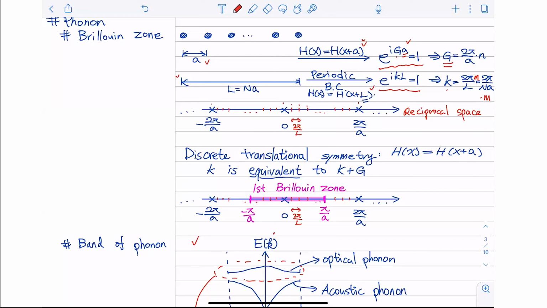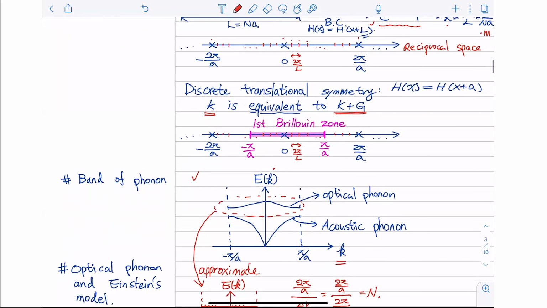But if you impose the periodic or discrete translational symmetry, then you have a non-trivial equivalence relation. That is, the wave vector k is actually equivalent to k plus G, where G is any reciprocal lattice vector.